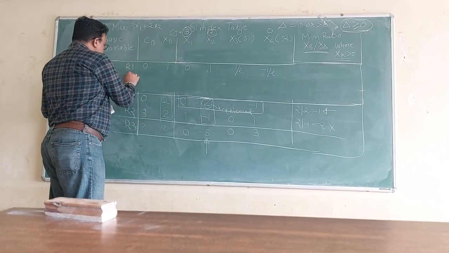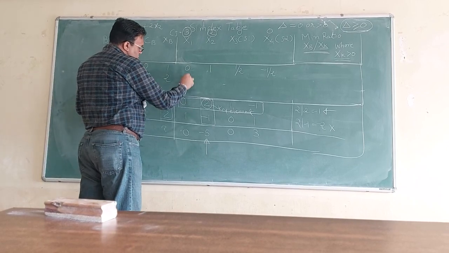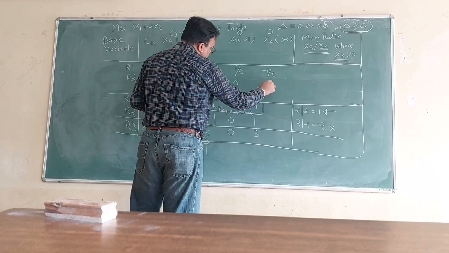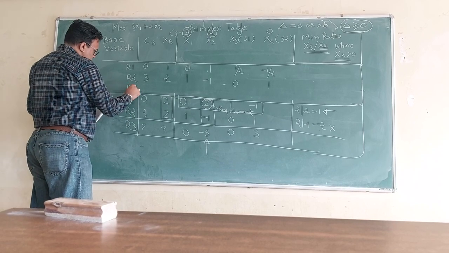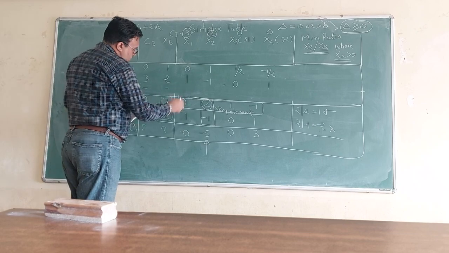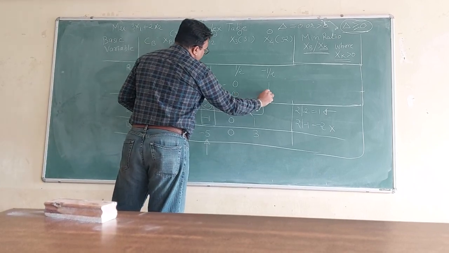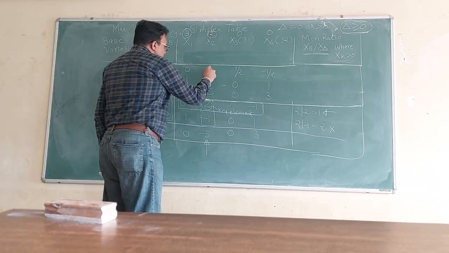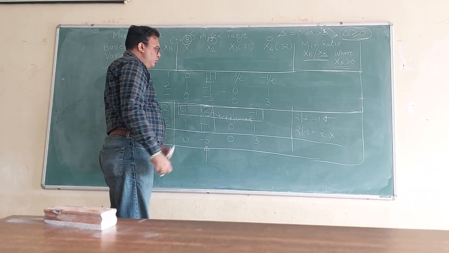Okay. What about row 2? Same: 3, 2, 1, minus 1, 0, 1. And what about row 3? 0, minus 5, 0 and 3. Clear? Now this is our key element as we found in table number 2.